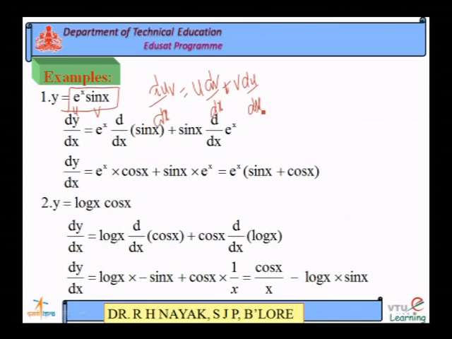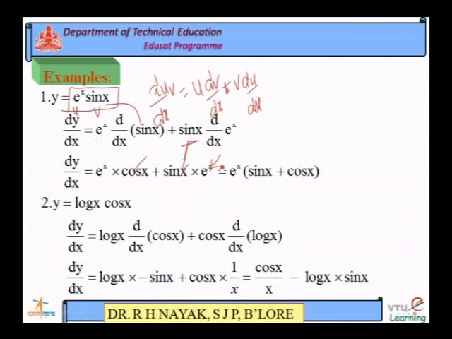So the first function is kept as it is, and differentiation of sin x is cos x, plus keep sin x as it is, and differentiation of e power x is e power x only.